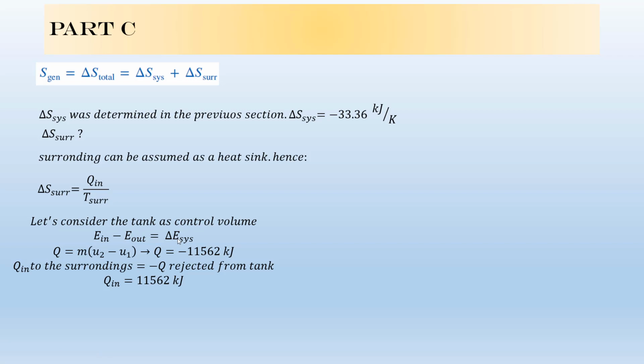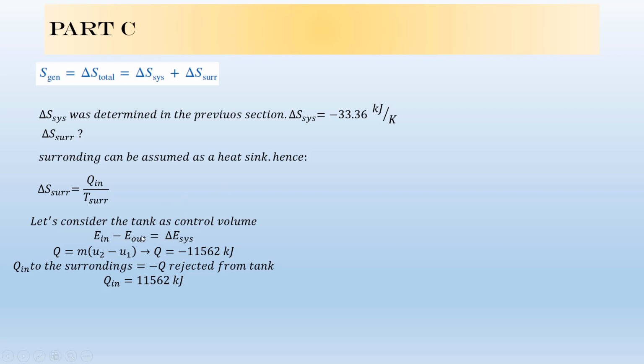For the rigid tank, we have E out, or Q. If you use this equation, you can calculate the Q for the tank. Keep in mind that the Q into the surroundings equals the negative of the Q rejected from the tank.